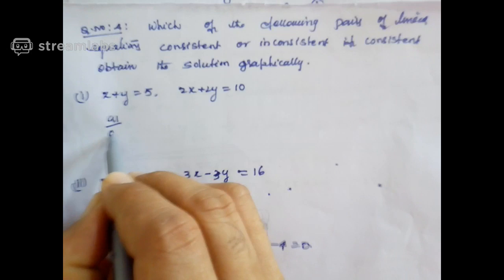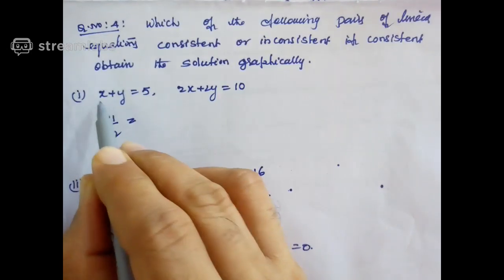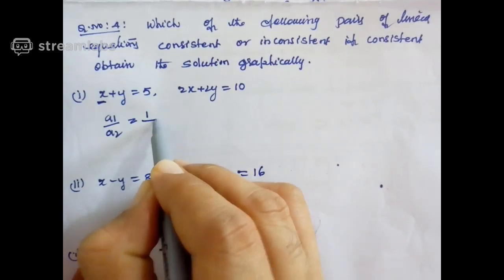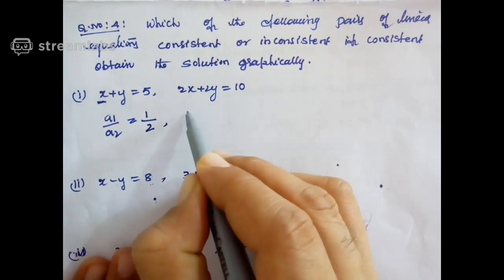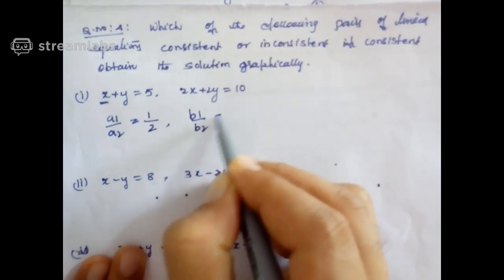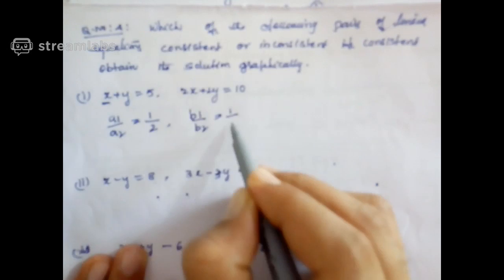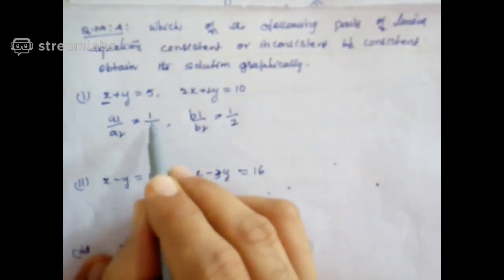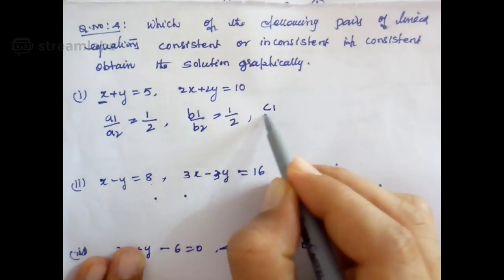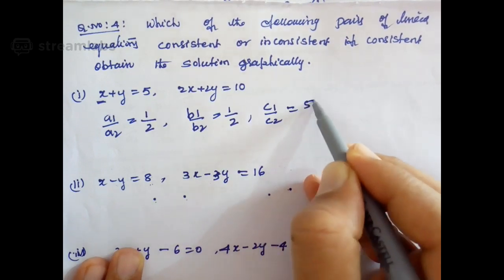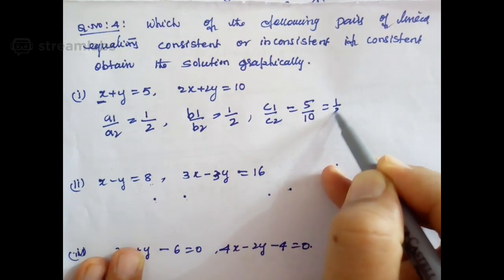That is, a1 by a2 is equal to what? a1 is 1, a2 is 2, and b1 by b2 is what? b1 is 1, b2 is 2. So a1 by a2 is equal to b1 by b2. Then you have to go for c1 by c2. 5 by 10, it is half.